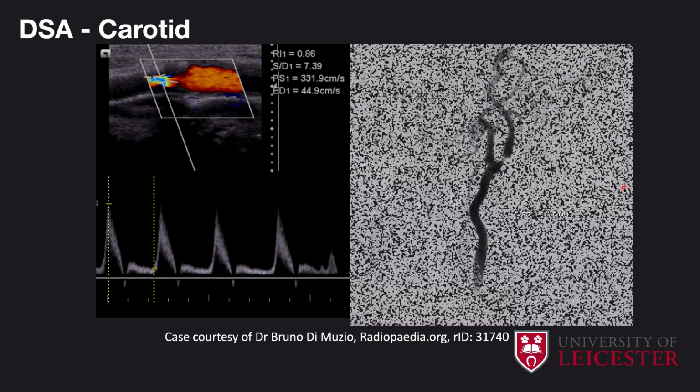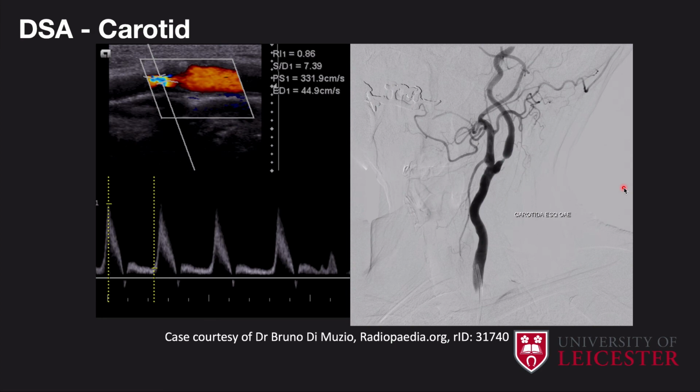A direct angiogram image will look like this. This is a digital subtraction image where the computer is able to remove the bones and soft tissues from the angiographic image using a reference image taken before the contrast was injected.